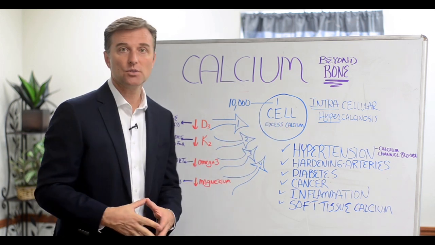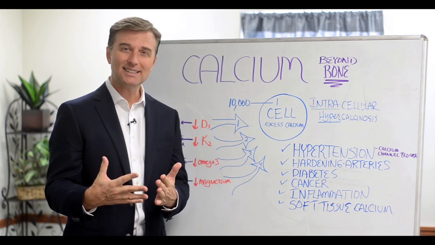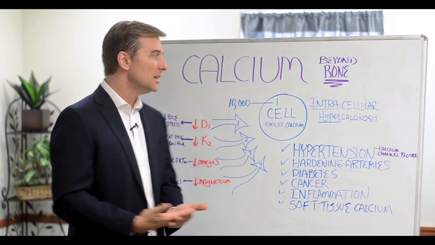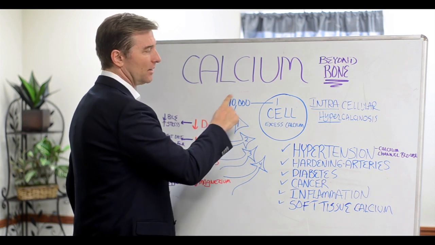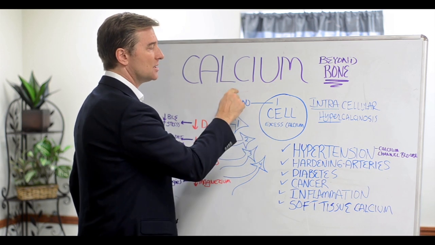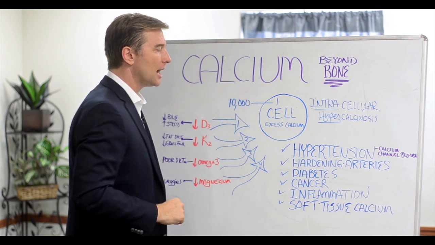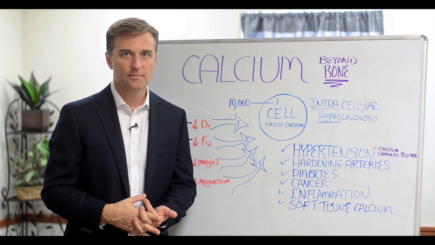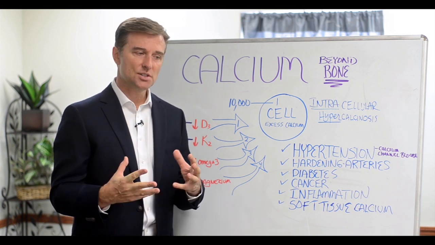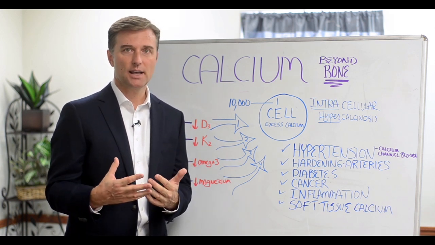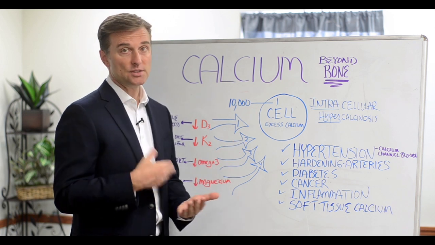Now, if you're also taking the wrong type of calcium, calcium carbonate, that's limestone, well, guess what? That can create the situation too because it's not going to be absorbed and it can clog up all your cells. So you have to understand that that is not the best source of calcium. Just read the label. Make sure it's not calcium carbonate.